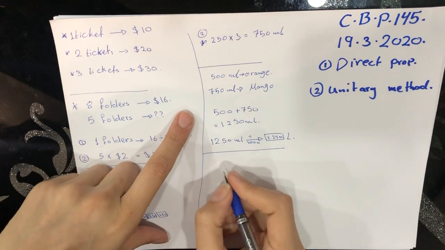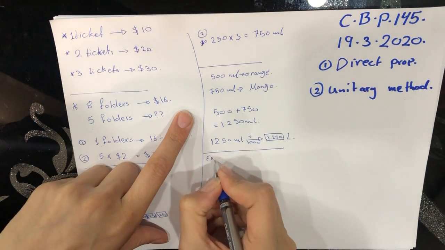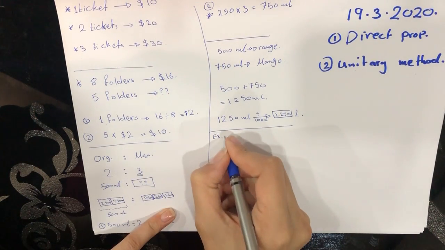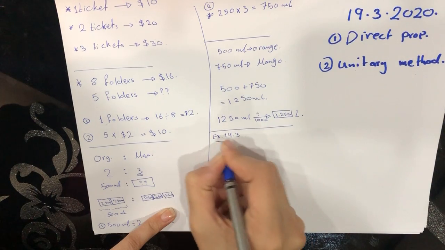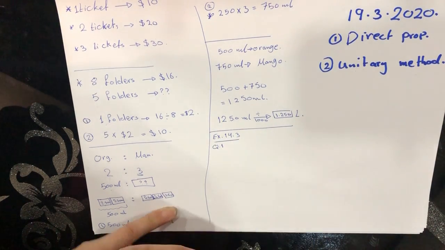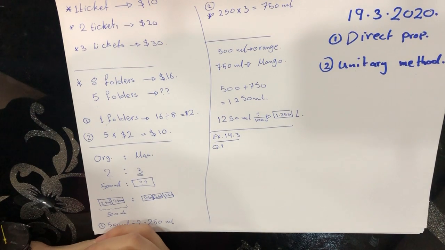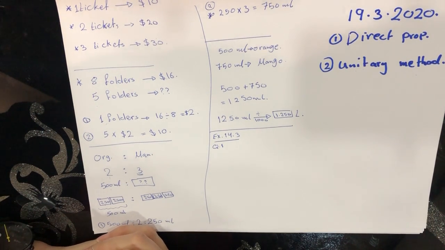Let's do exercise 14.3, question 1. I'm just going to do the first one to illustrate furthermore. I have 4 pens, they cost $2. He's asking me to mentally work out the cost of 1 pen.